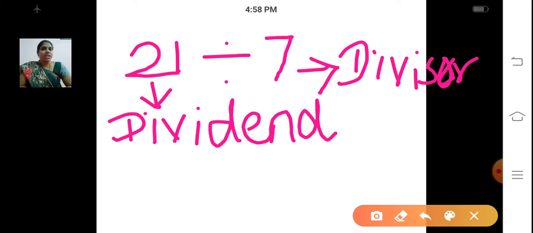Now 21 divided by 7. 21 is the dividend and 7 is the divisor. The answer we get, that is called the quotient. So one more.